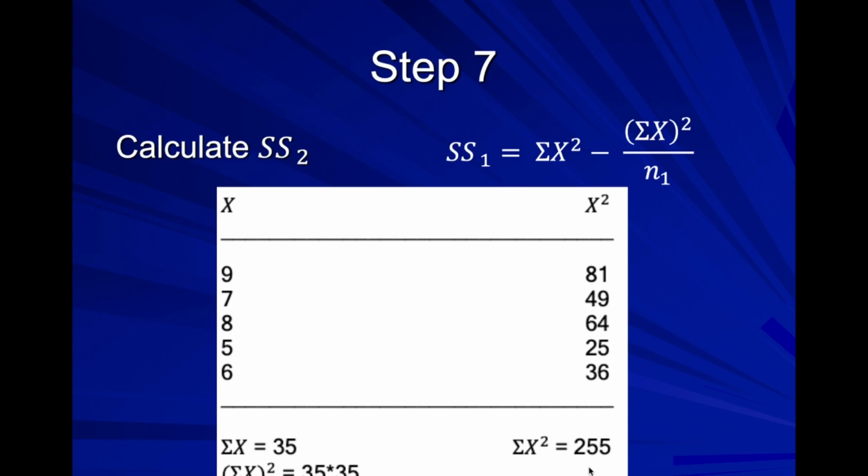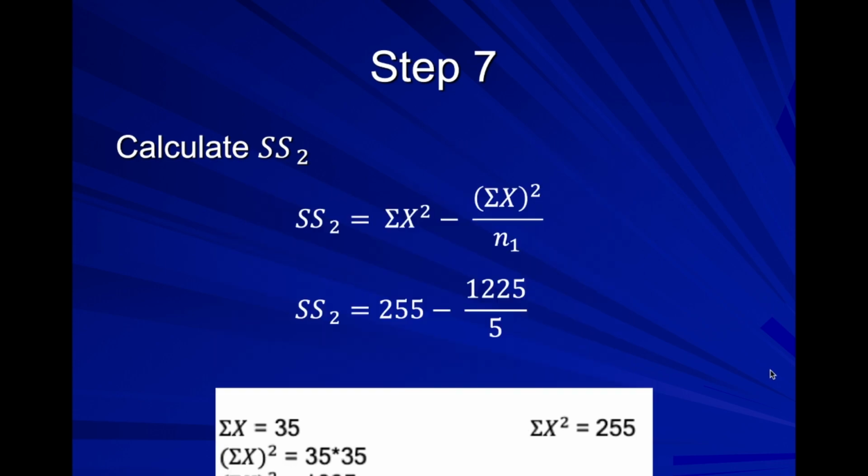So you square first and sum second, and on this one you sum first and square second. Okay, it's the reverse.